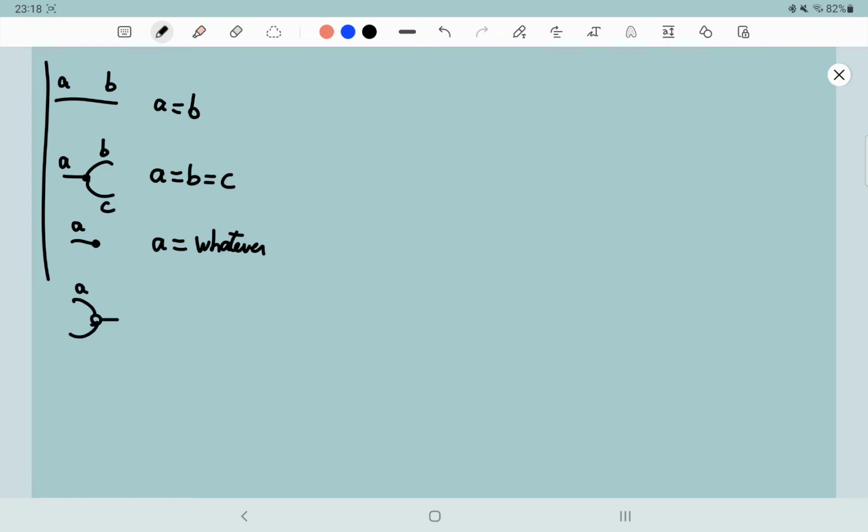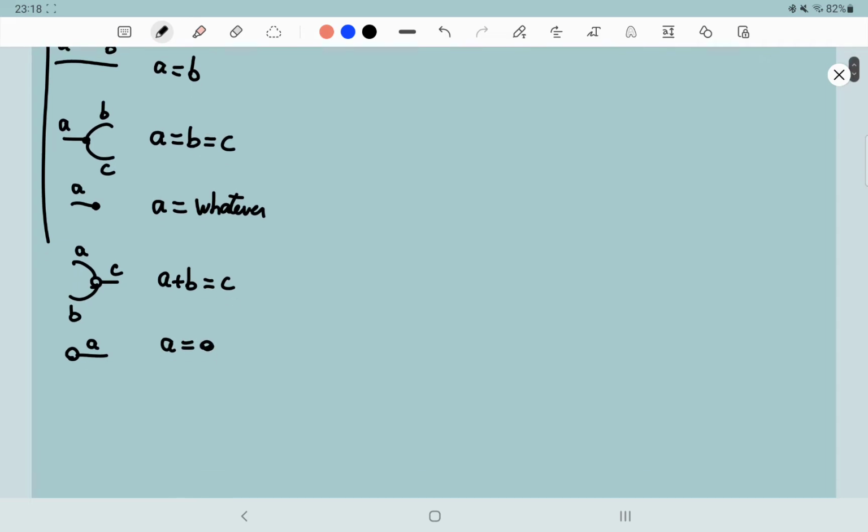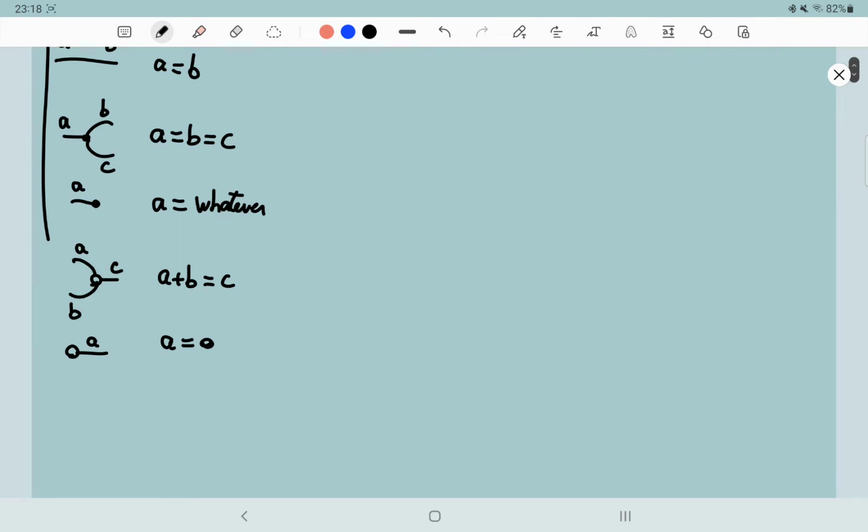And the first one is addition. So this is A plus B equals C. And it has a companion, which is this white node with only one thing, which is A equals 0. Likewise, you could draw one with a bunch of legs in one direction and the other, and it's just that the sum of the inputs equals the sum of the outputs. Using this, we can already do a lot of linear algebra.